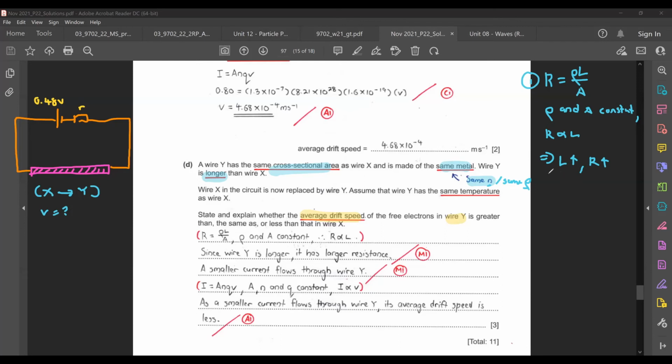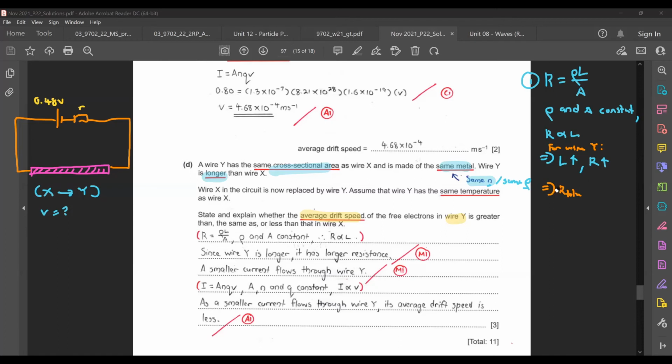Now it's from here that I can actually make some other conclusion. So if my L is longer for Y, I'm talking about Y here. If my L is longer, my R is bigger. So what this means is that my total resistance increases.